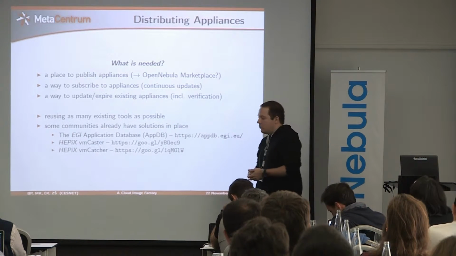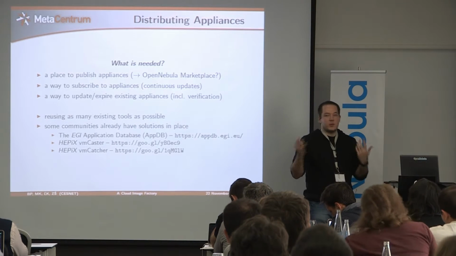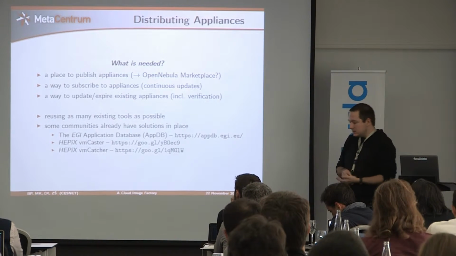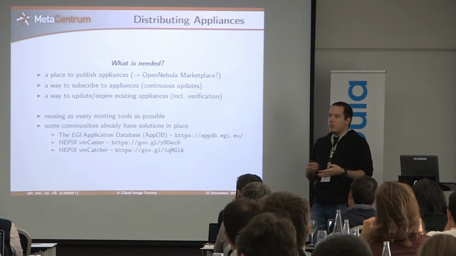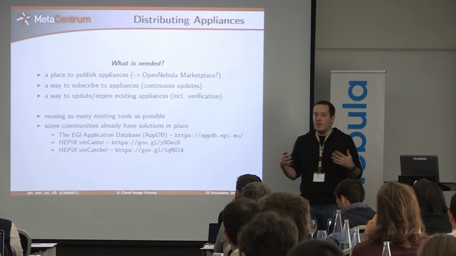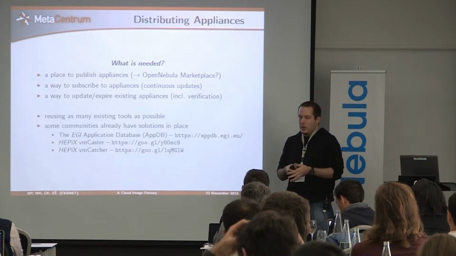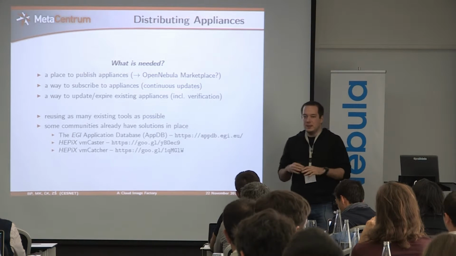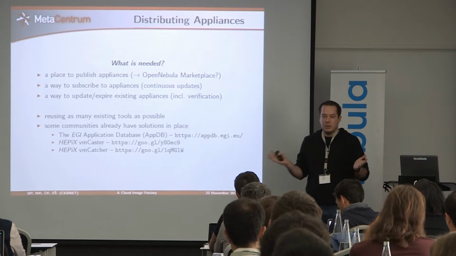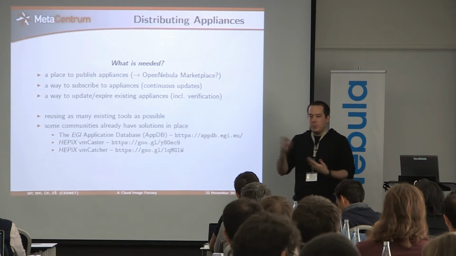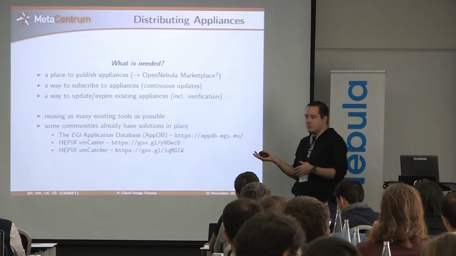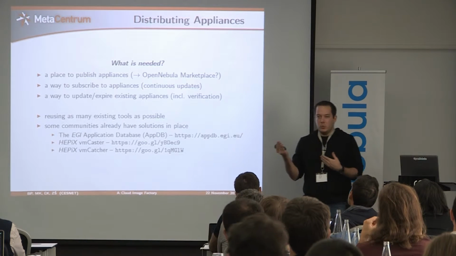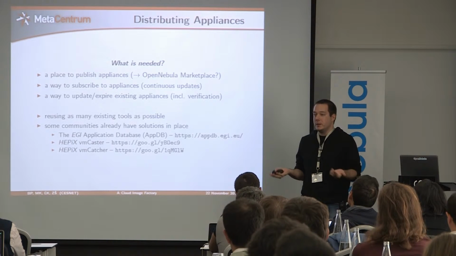And once you find a way to subscribe and distribute these images, you have to think about making them available to users. Because in OpenNebula, this appliance is basically a blob, an image containing the file system, which you can upload to OpenNebula and create an image. But to launch a virtual machine, you need a template.